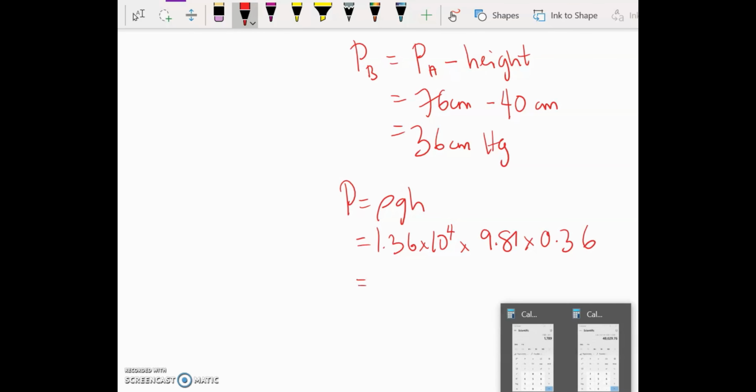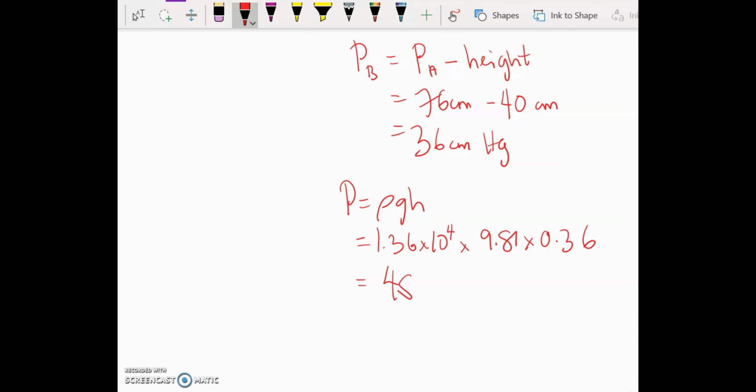So you will get 48029 Pascal, or in standard form 4.80 times 10 to the power of 4 Pascal.